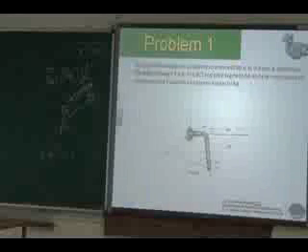The y distance is 1 meter. Okay, it is along y.